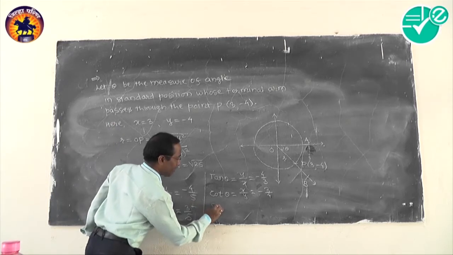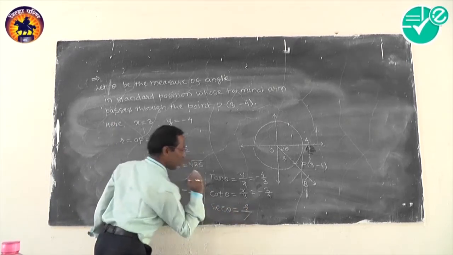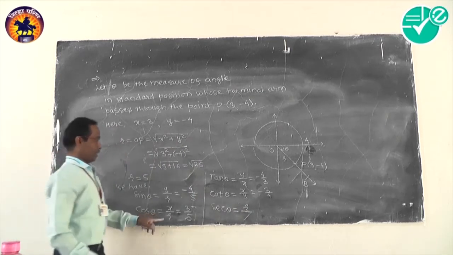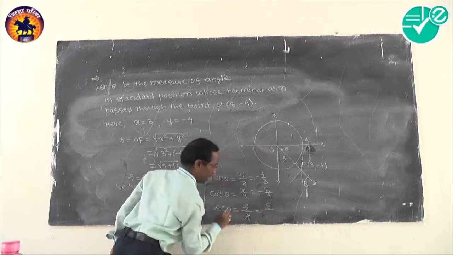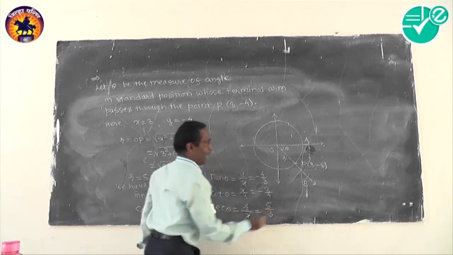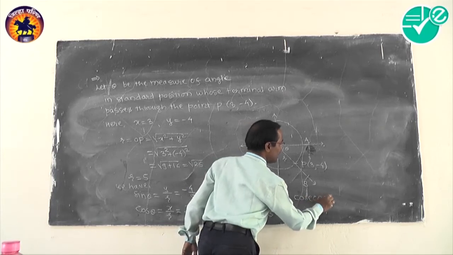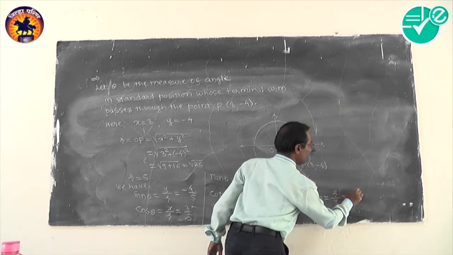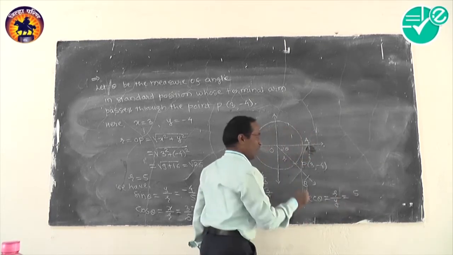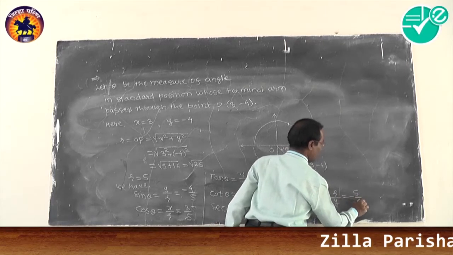Now sec theta is equal to r upon x. So r is 5 upon x is 3. And cosec theta is equal to r upon y. R is 5 divided by y, y is minus 4, so minus 5 upon 4.